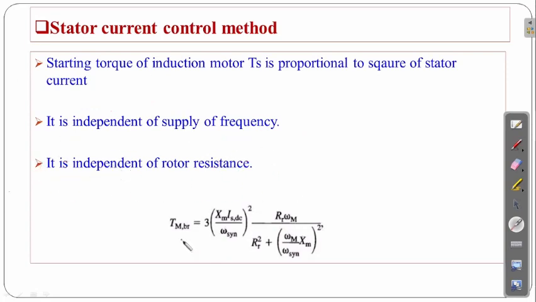The formula for the stator current method is Tm equal to 3 into (Xm Isdc divided by ω synchronous) the whole squared, into Rr ωm divided by (Rr squared plus (ωm Xm divided by ω synchronous) the whole squared). This is the stator current control method.